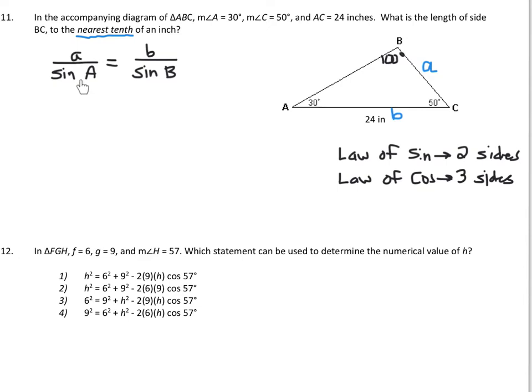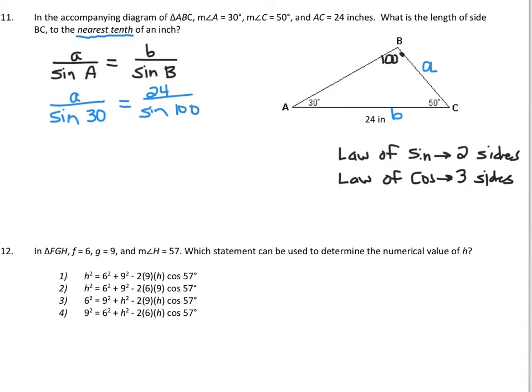So A over sine of A. A is what we're solving for, so I'm going to leave that as an A. And then over sine of, well, angle A is right here, right? It's 30 degrees, so we'll have sine of 30. And then equals, in place of B, that's equal to 24. And that's going to be over sine of angle B, which we just found to be 100.